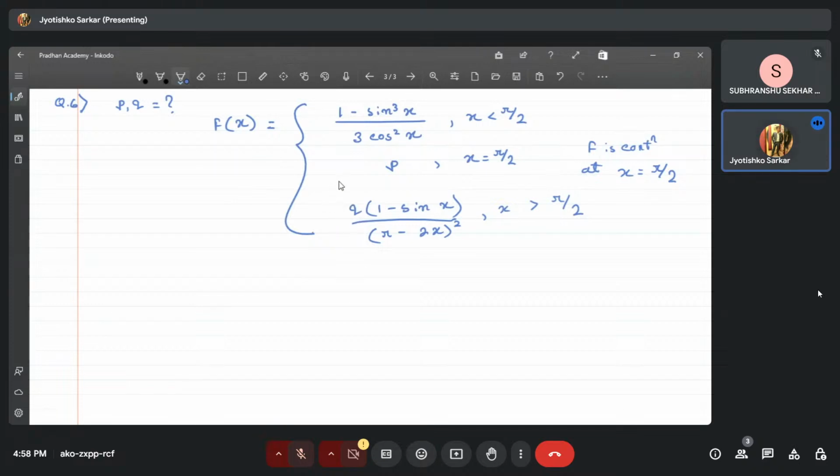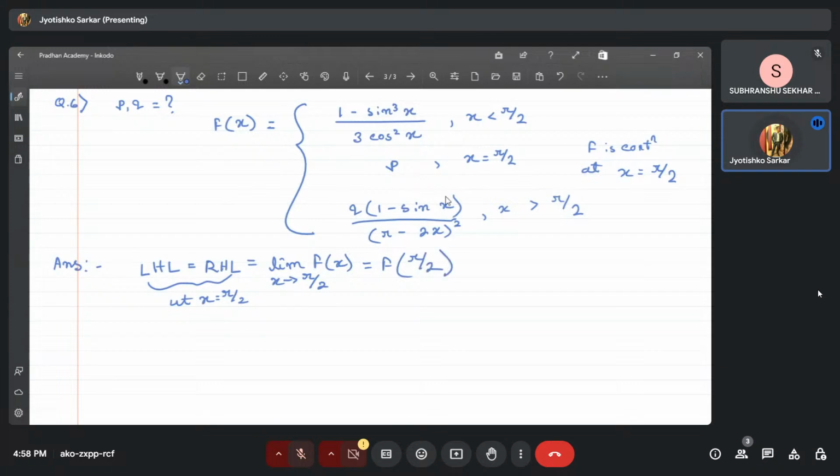Then we will equate it with P. As the function is continuous at pi by 2, we can write LHL equals RHL at x equals pi by 2, which is equal to the limit x tends to pi by 2 of f(x), which is equal to f(pi by 2). We can see clearly that f is defined at pi by 2, and the value is P.